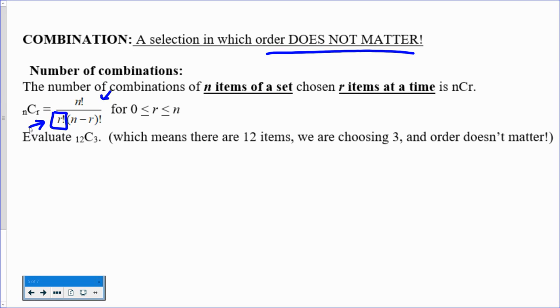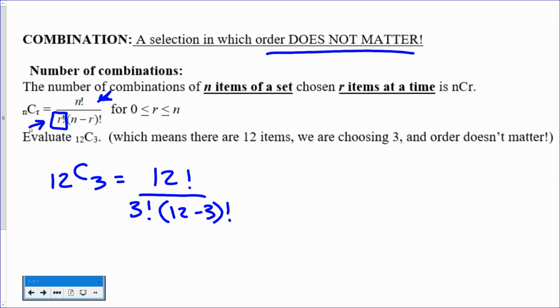Okay, so I'm going to do 12C3. We're going to use this formula up here so you can see how it works. So I've got 12 factorial, r is my 3, so 3 factorial, and 12 minus 3 factorial. So that would be 3 factorial times 9 factorial.